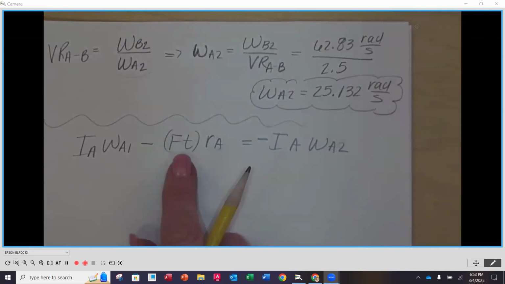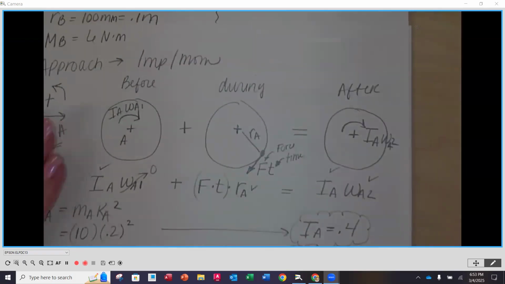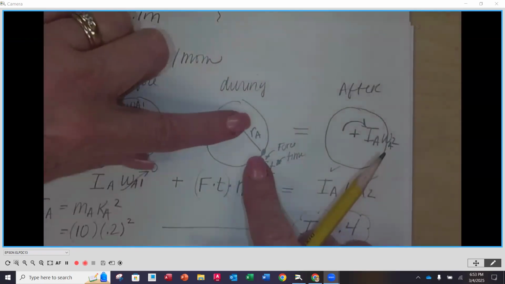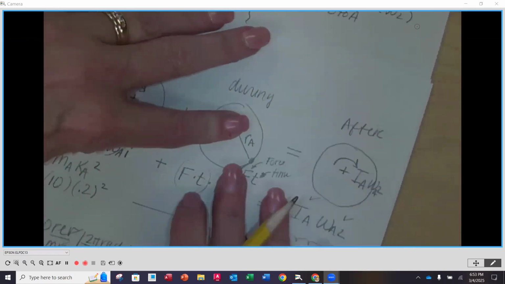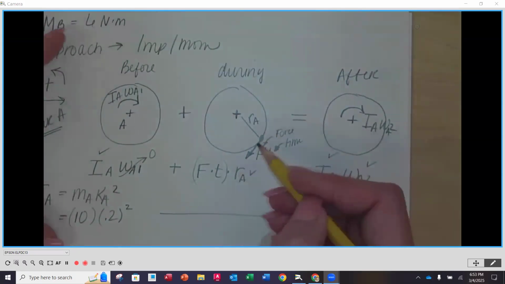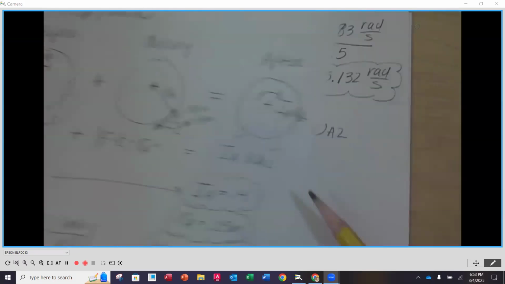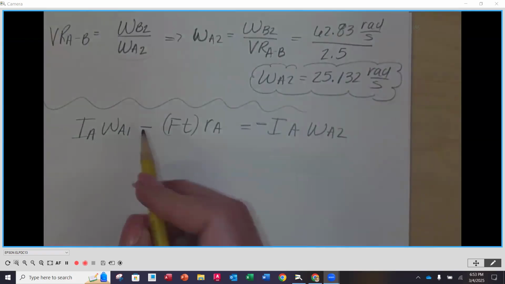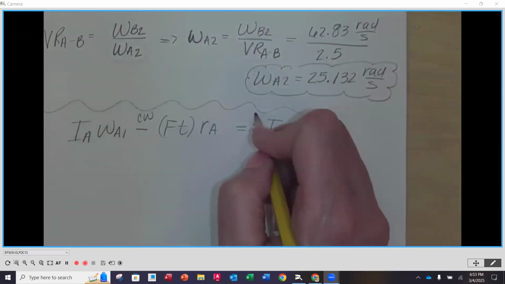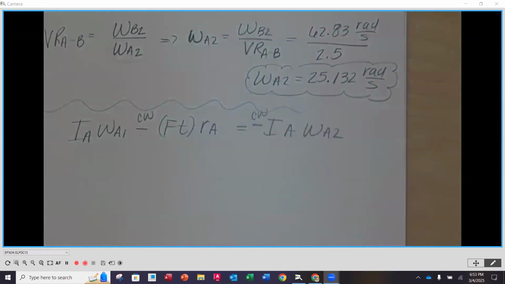Let's look why this one's negative. If we look at the impulse that is going to occur, the force is going to be going down and to the right. If I put my finger on that force, it is going to rotate clockwise as well. So the direction of the moment for A is also going to be negative. So again, this is going to be clockwise. This is going to be clockwise. That's why we have the signs that we do.